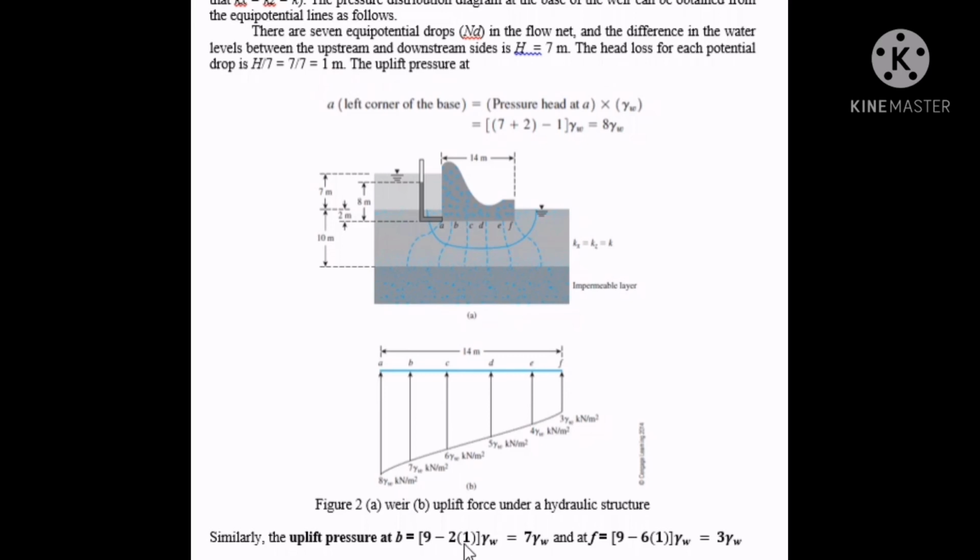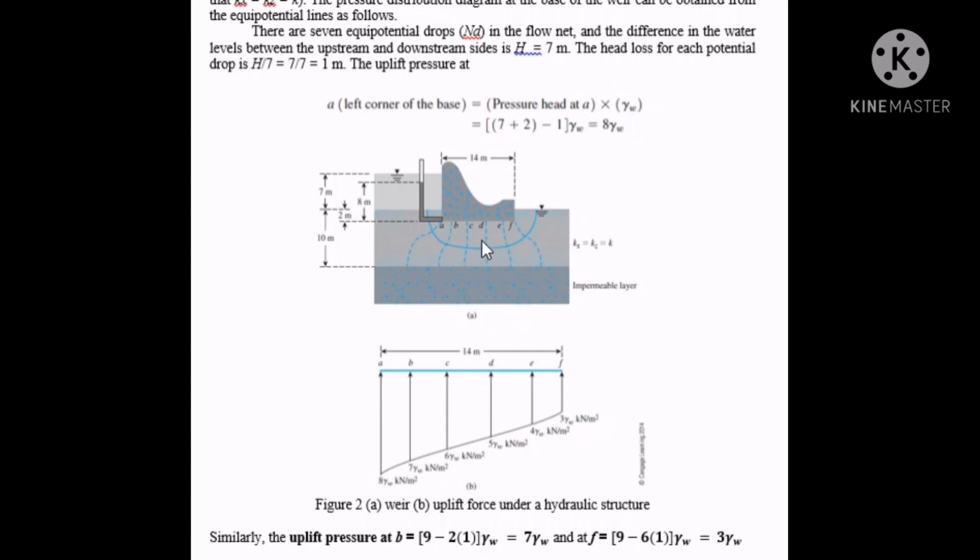That's why imumultiply natin siya by 1, and then multiply all in all by unit weight of water. This will be 7 multiplied by unit weight of water. Sa C naman, this will be 9 minus 3 times 1 times unit weight of water. So this will be 6 times unit weight of water, kilonewton per meter squared.